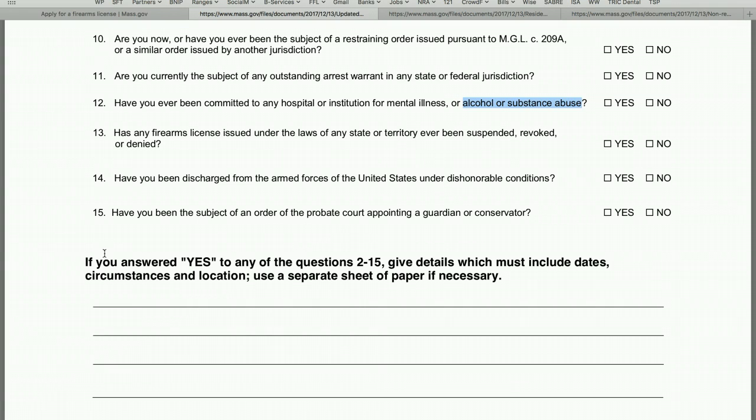And then this one right here, number 15: have you ever been the subject of an order of a probate court appointing a guardian or a conservator? I'm honestly not quite sure what that means. I've heard veterans saying that if they have somebody appointed to take care of them, then they no longer have certain rights. You'll hear people saying, because someone is watching over you, you no longer have the capacity to take care of yourself.